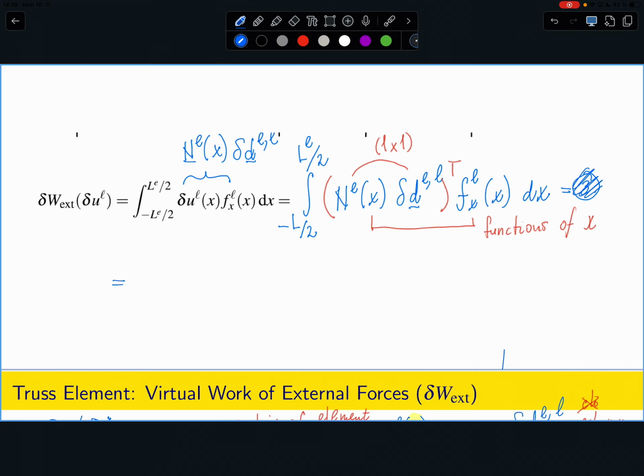So I will get this delta D, the virtual node displacement of the if element in the local coordinate system transposed, now taking the matrix of basis functions, E as a function of X, also transposed, multiplying Fx of the if element as a function of X dx.